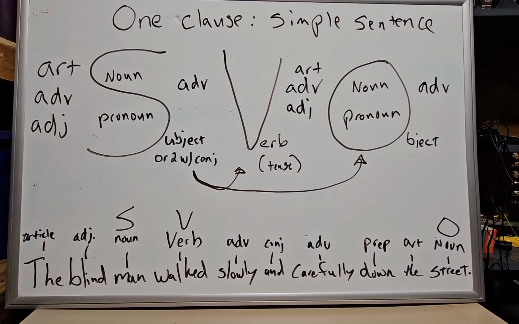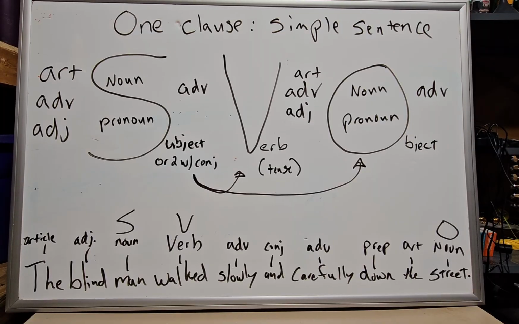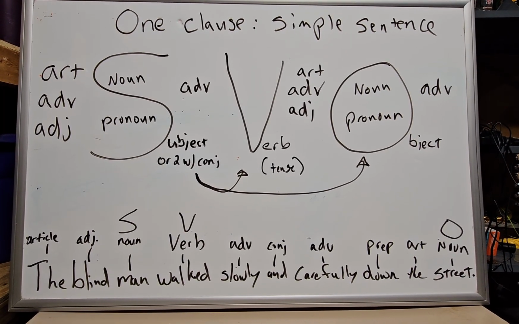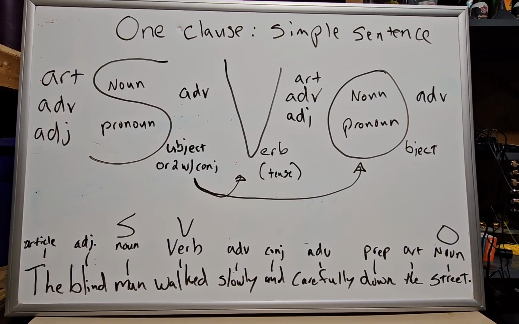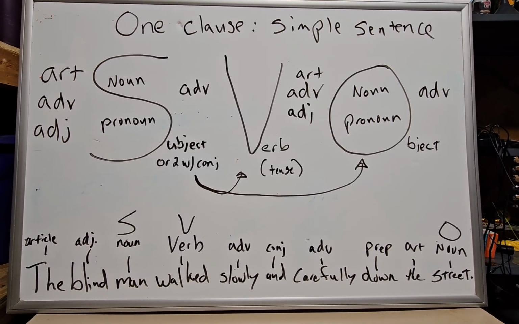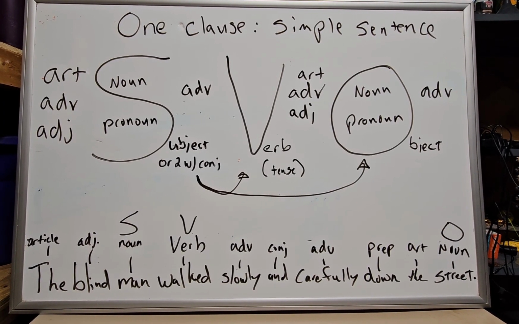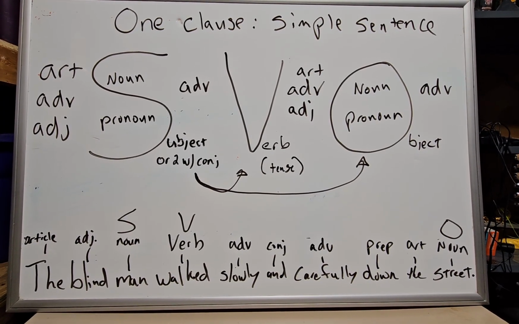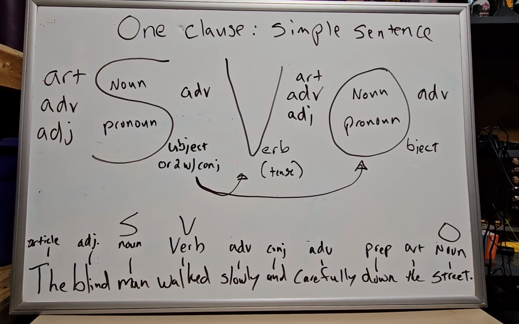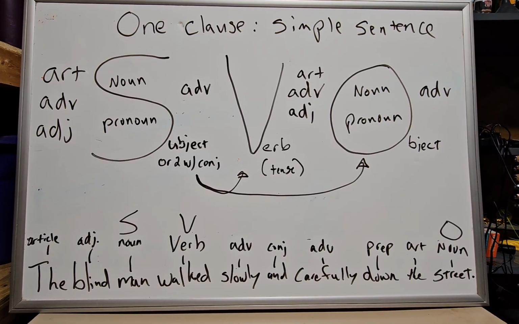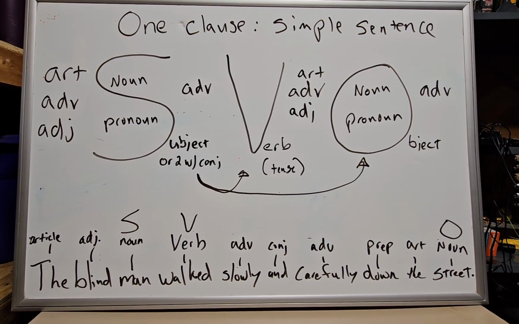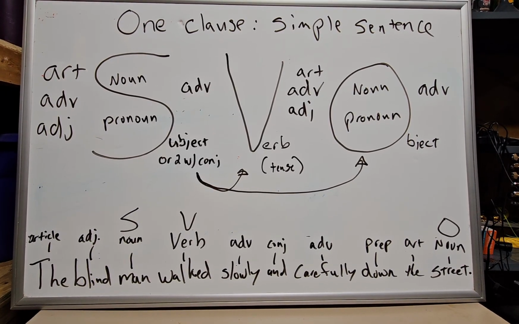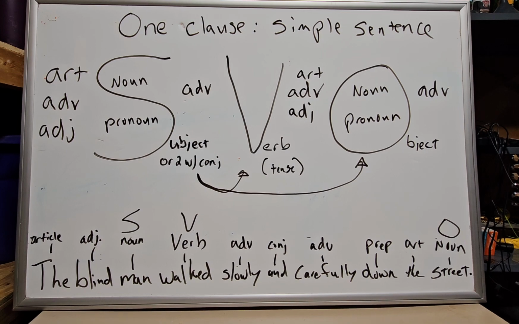Okay, let me illustrate why this is so important. No English class in grade school, junior high, or high school shows this simple picture or chart or illustration of English grammar.